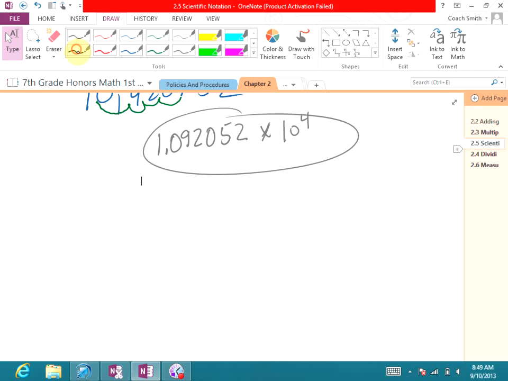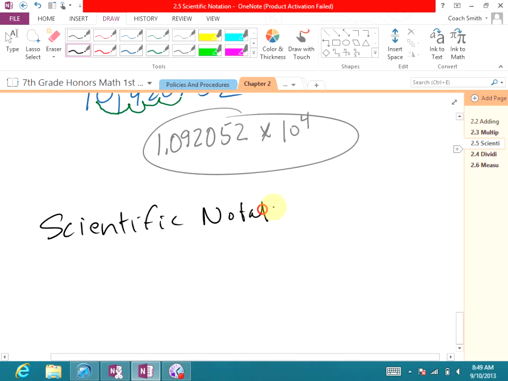Let's look at going from scientific notation to standard form. Okay? So that one we just did was standard form to scientific notation. This is the other way. Okay?